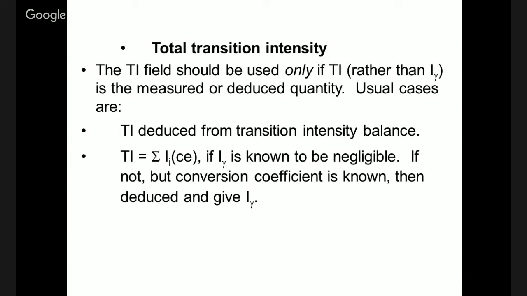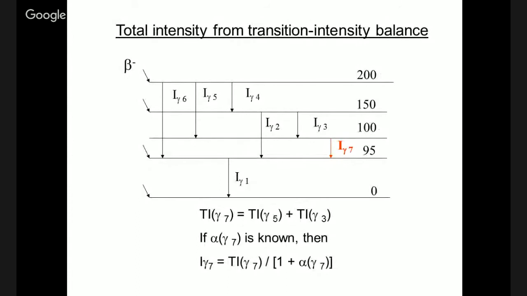So you deduce the value of the transition from a balance. Then you get this. Or if you know that the number of electrons that you have there are negligible. Or if not, but the conversion coefficient is known, then you can deduce I gamma. I gamma is always better, more useful than total transition intensity.